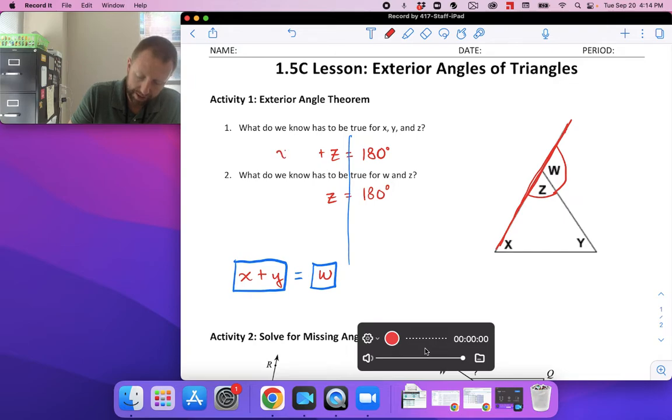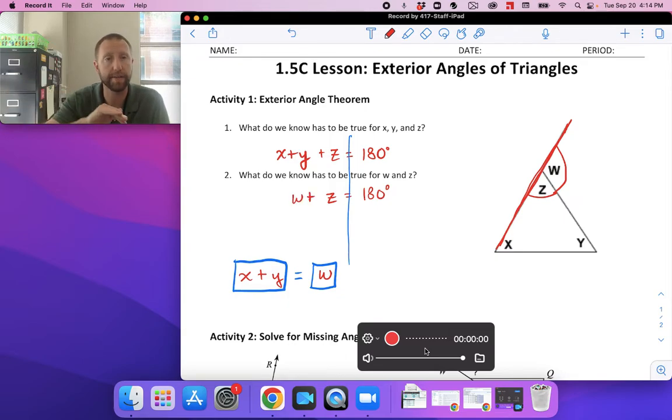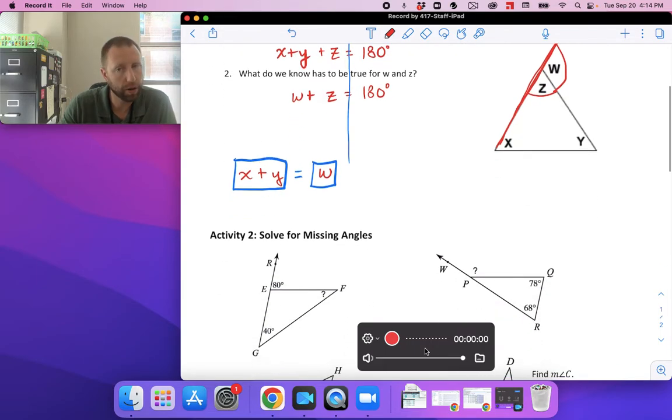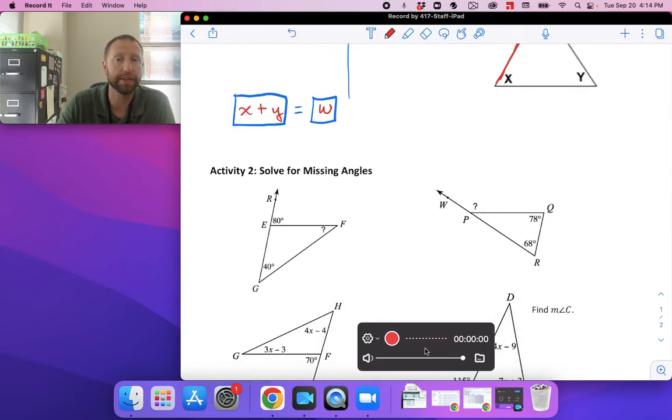If X plus Y plus Z is equal to 180 degrees, which it is, it's the interior angles of the triangle, and W plus Z has to equal 180 degrees because they form that line, then X plus Y has to be the same thing as W. That has to be true. We're going to use that to solve for the missing angles in activity 2.